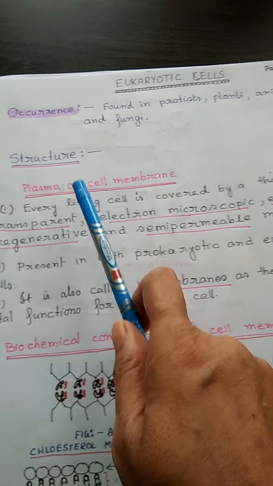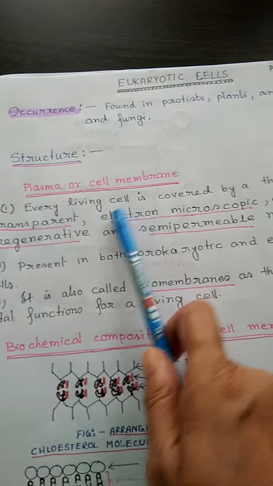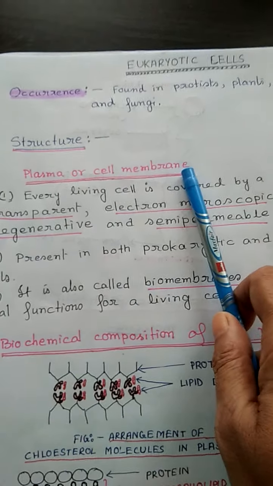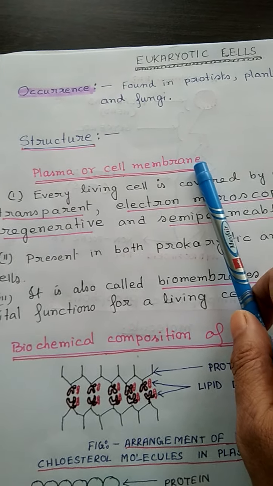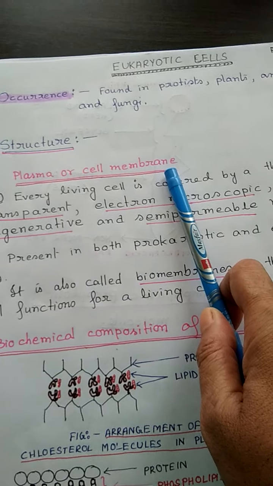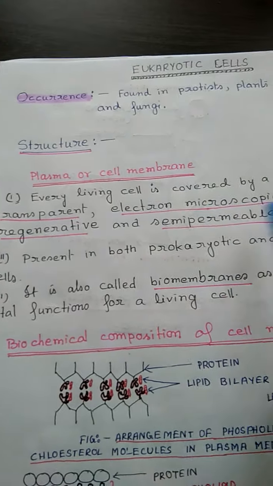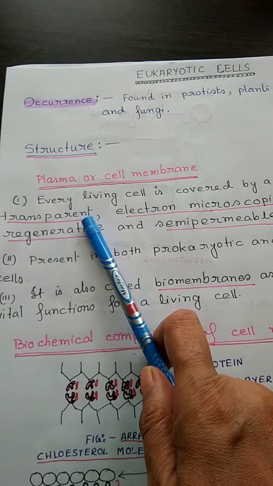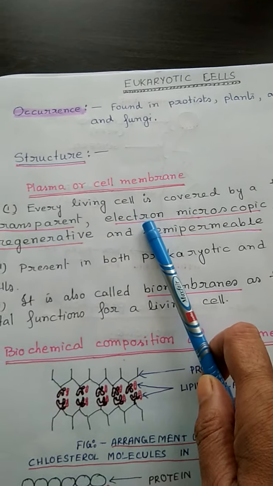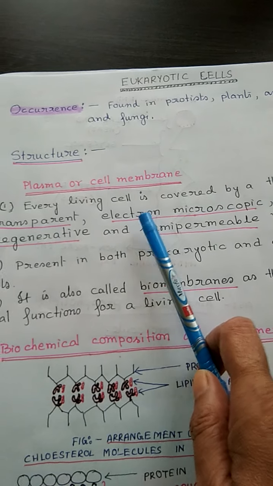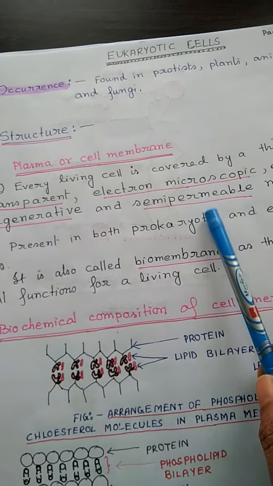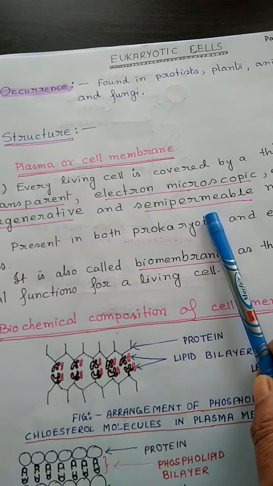First of all, the outermost membrane is known as the plasma or cell membrane, which is very important. Every living cell is covered by a thin, transparent, electron microscopic, elastic, regenerative and semi-permeable membrane.